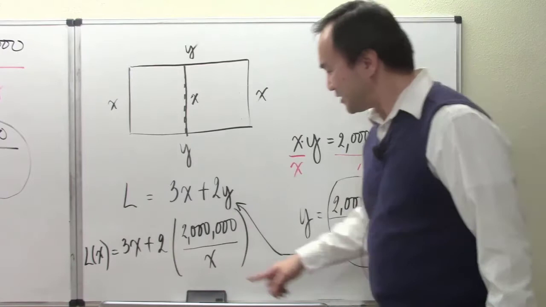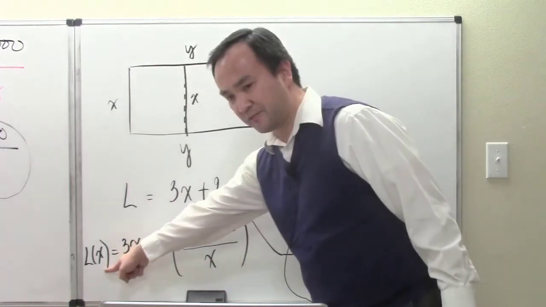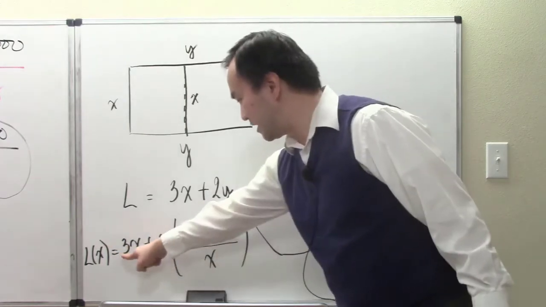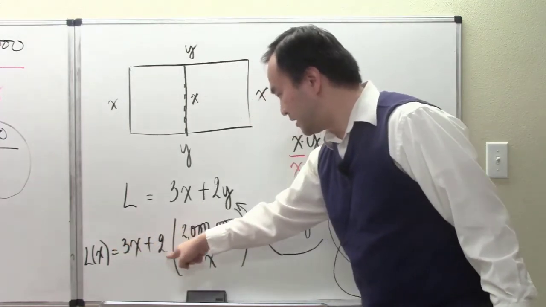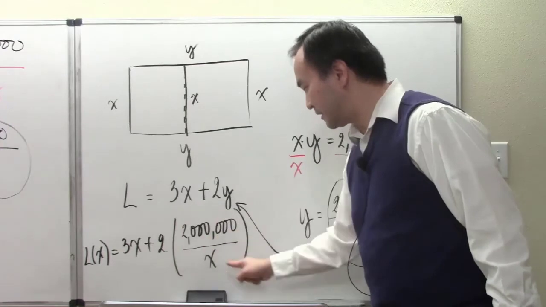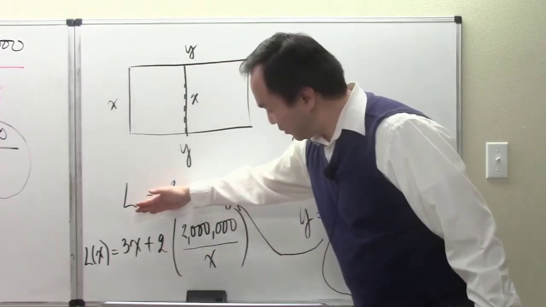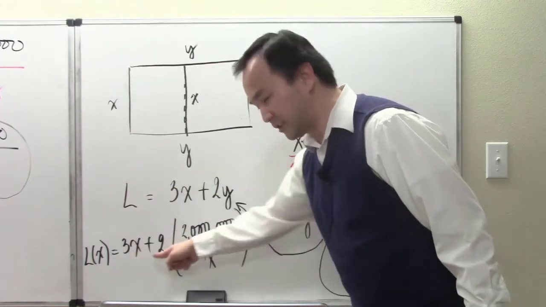So now I have expressed my objective function L as a function only dependent on x, equal to 3x plus 2 times, in parentheses, two million over x. This function is now entirely in terms of x only.